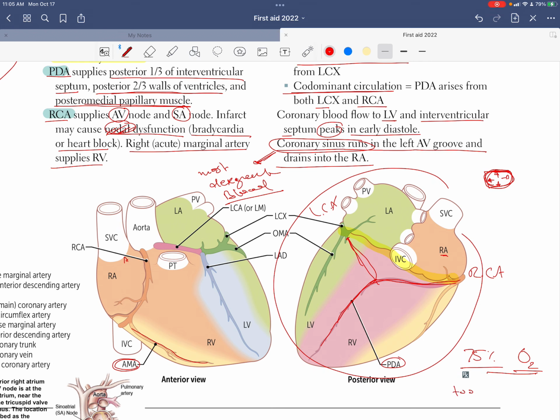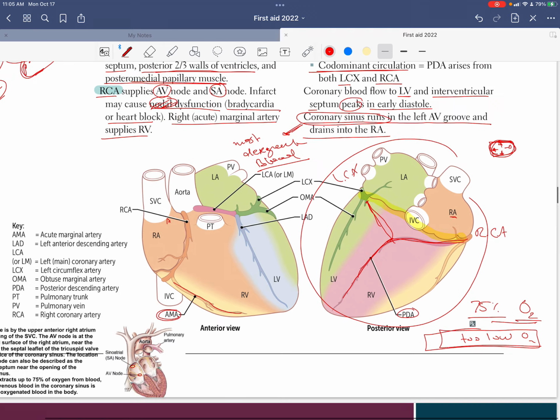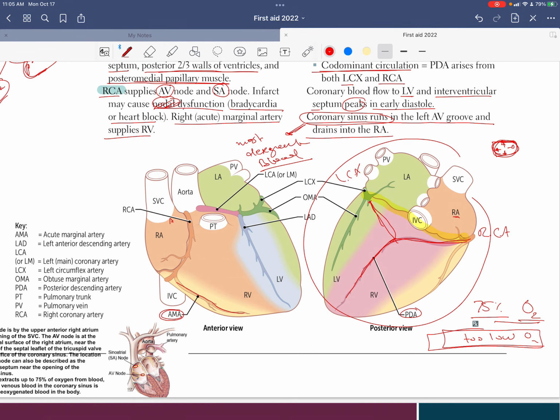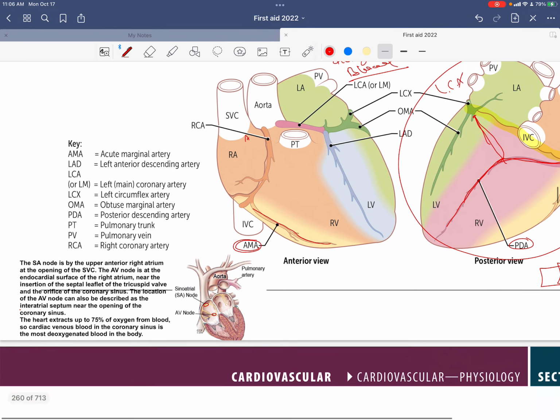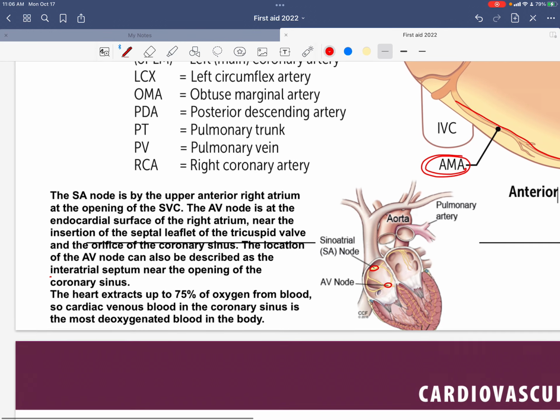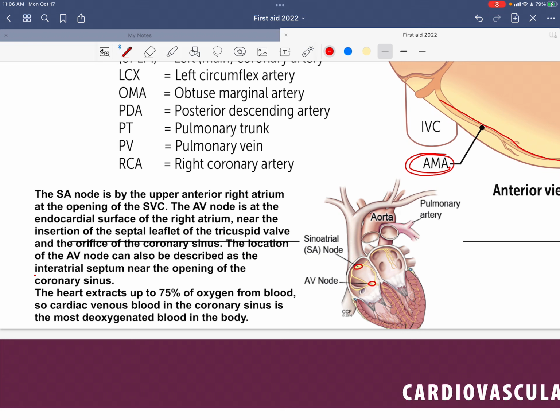So the venous blood of the myocardium contains very low oxygen. That's considered the lowest level of oxygen in the body, the most deoxygenated part of the body. That is the blood in the coronary sinus.